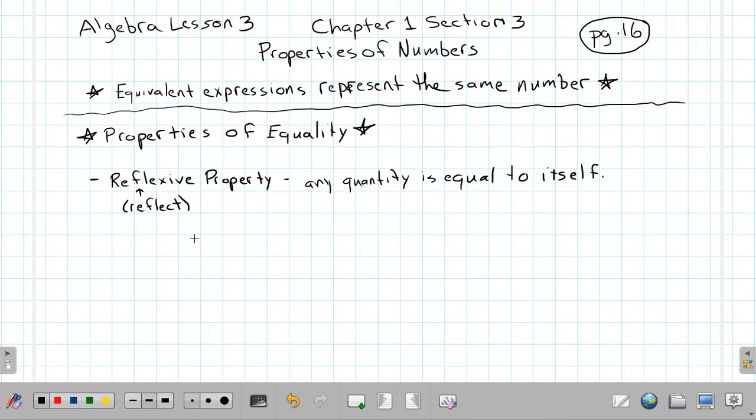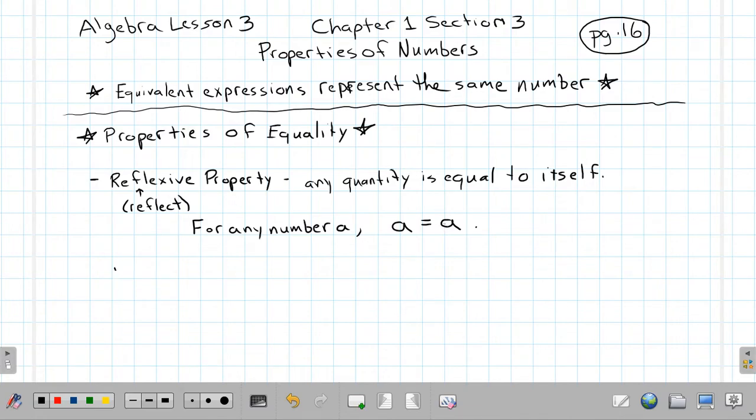Okay, so the way that we say that in terms of symbols and math is we say for any number A, A is equal to A. Okay, so once again, think of it in terms of a reflection. When the number A or the expression A looks across the equal sign, it sees itself.